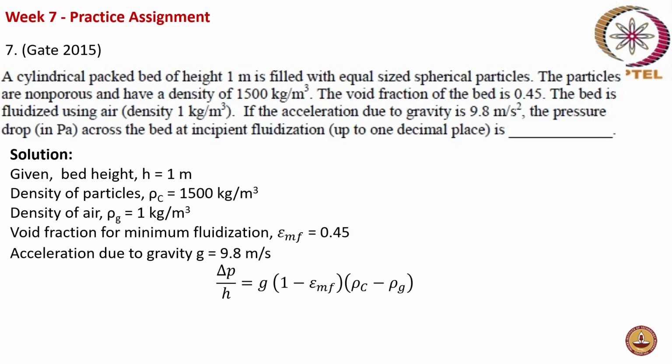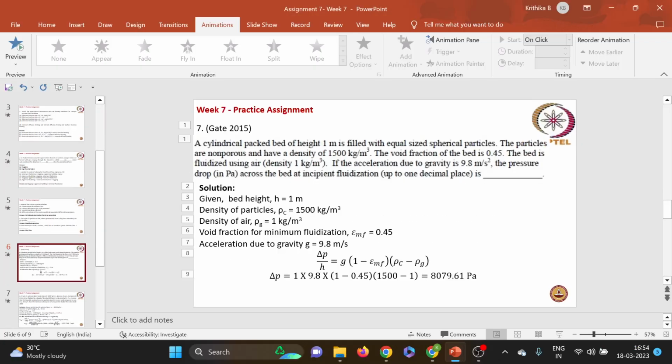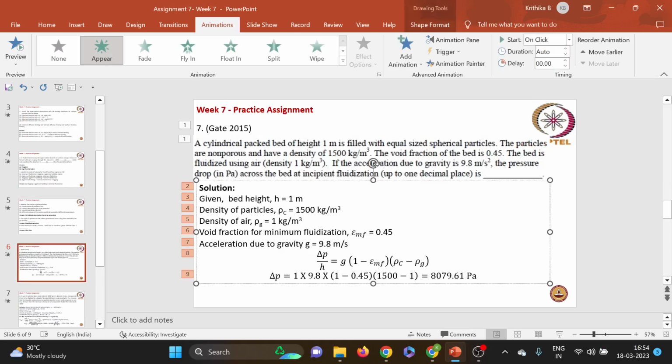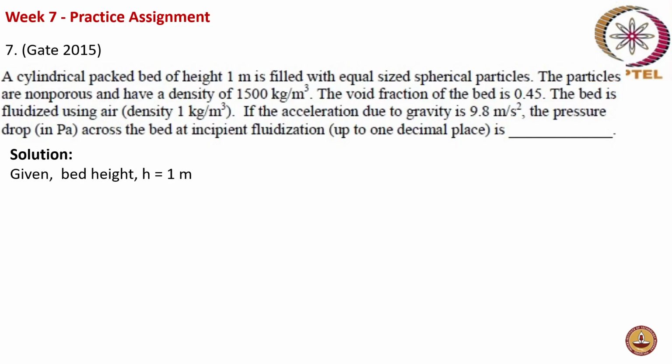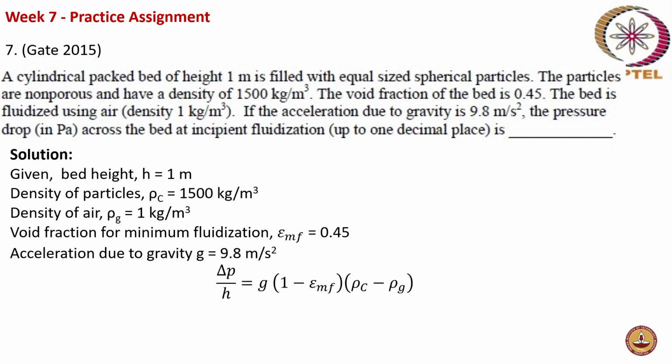So what are the known parameters? We have the height of the bed 1 meter. We have acceleration due to gravity 9.8 meter per second square.